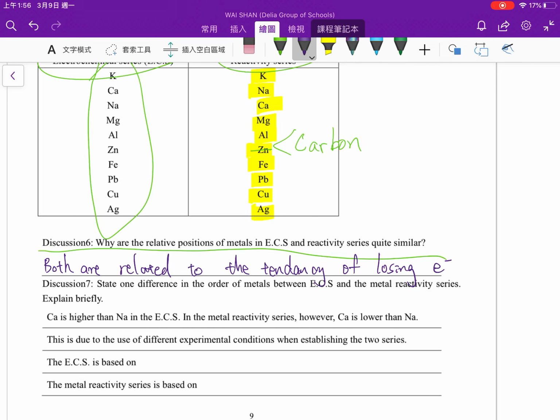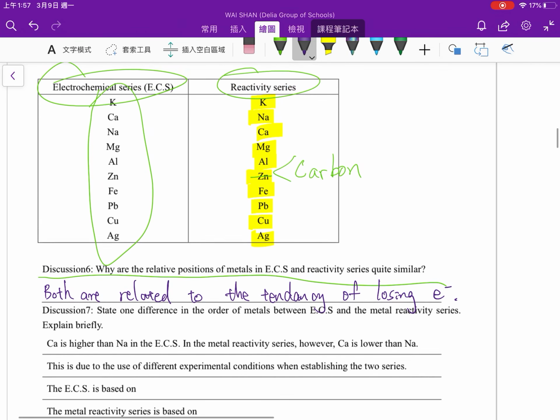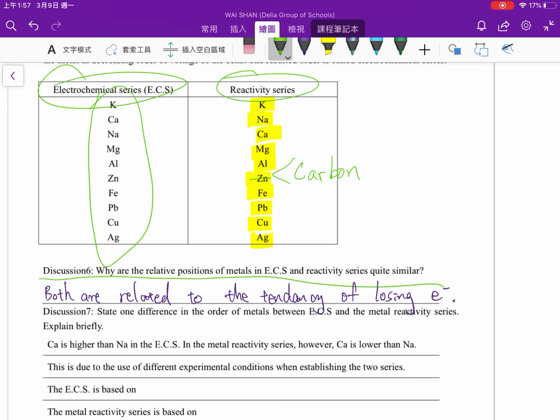The easier it loses electrons, the higher position it will have. Okay, so if it loses electrons easily, then the voltage of the battery will be very high, and also the metal is a very reactive metal. Okay, but still there is some difference.